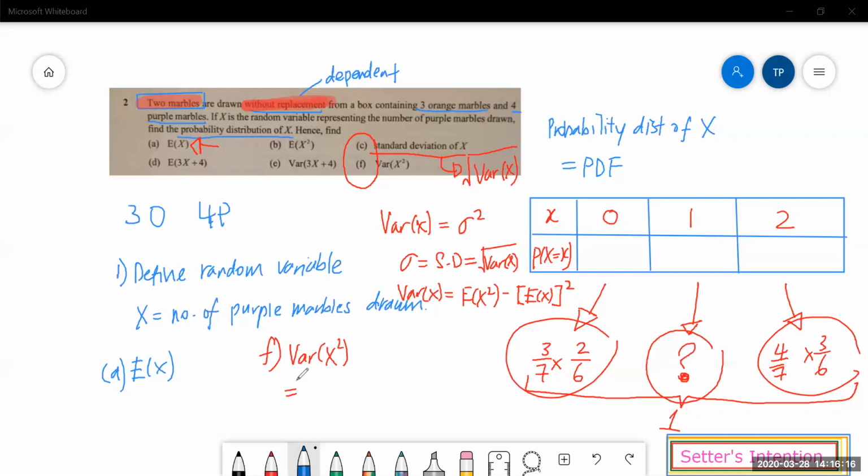I forgot. Variance of X squared, part F. A, B, C, D, E should be no problem, but part F. How to find?